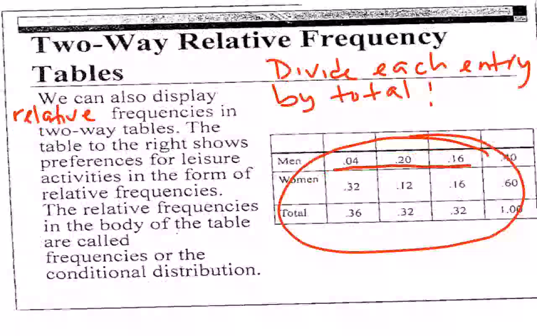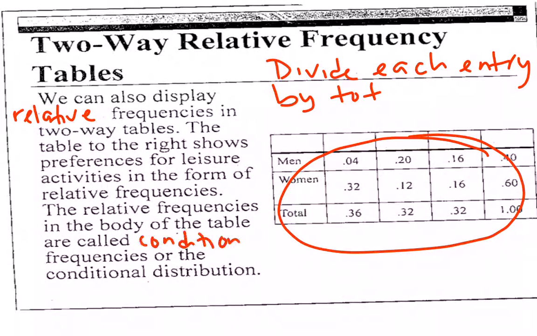So I divide every single number in my table by the total. And that mathematically is pretty much the hardest thing we're going to do. And if we're talking about relative frequencies, then we call those conditional. They're conditional on whether I'm talking about men or I'm talking about women.